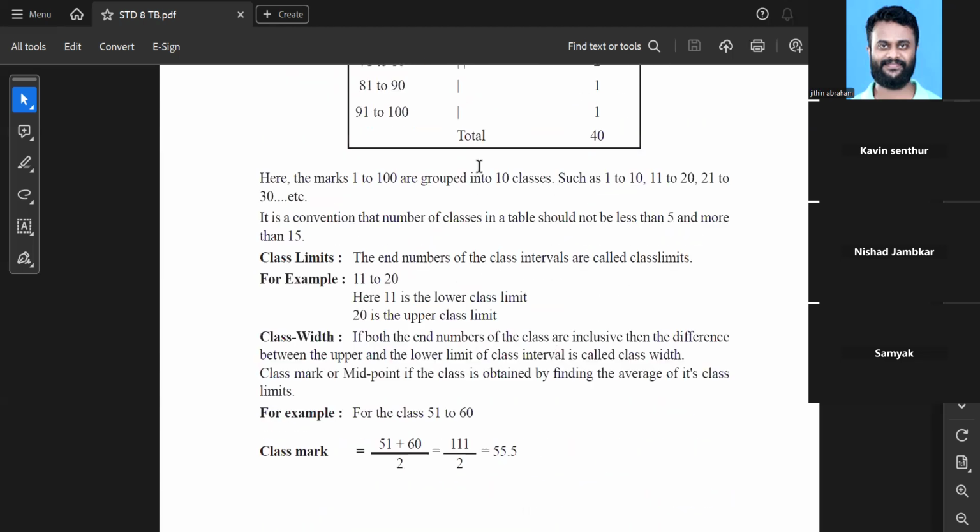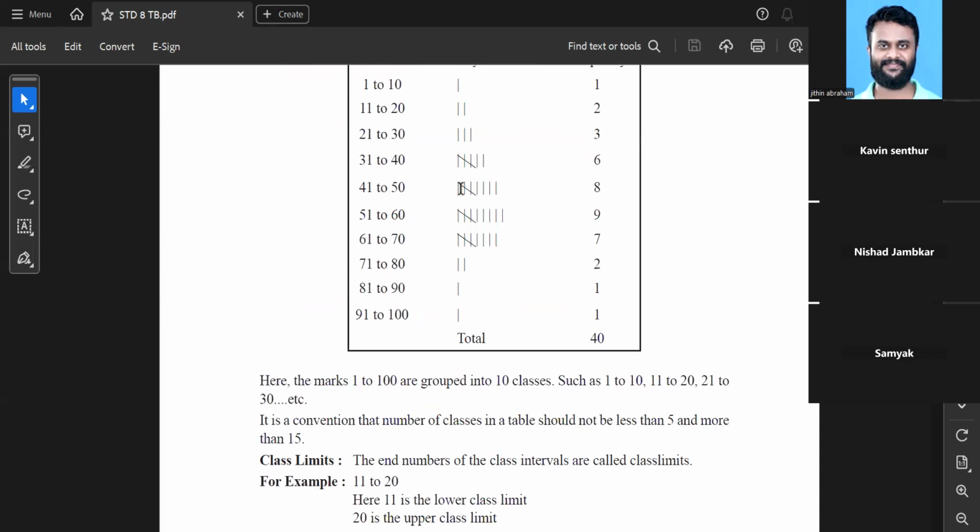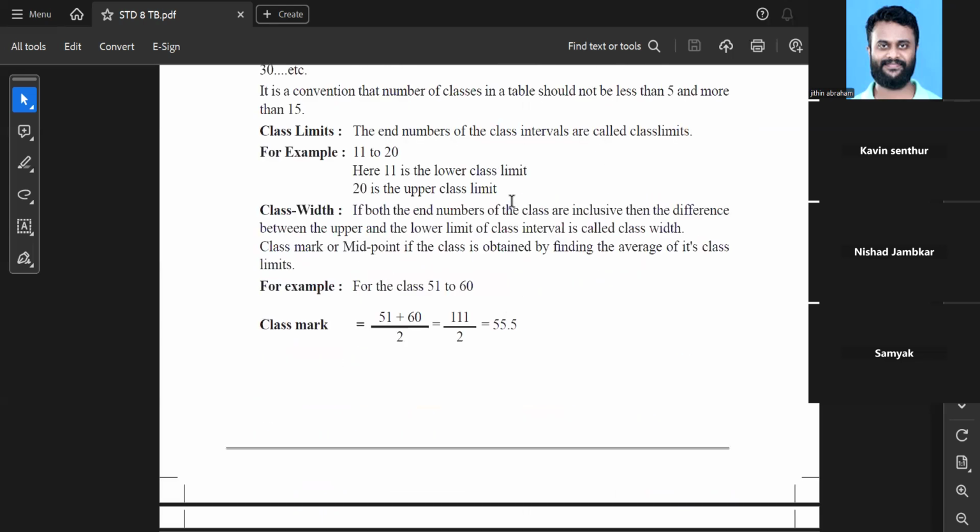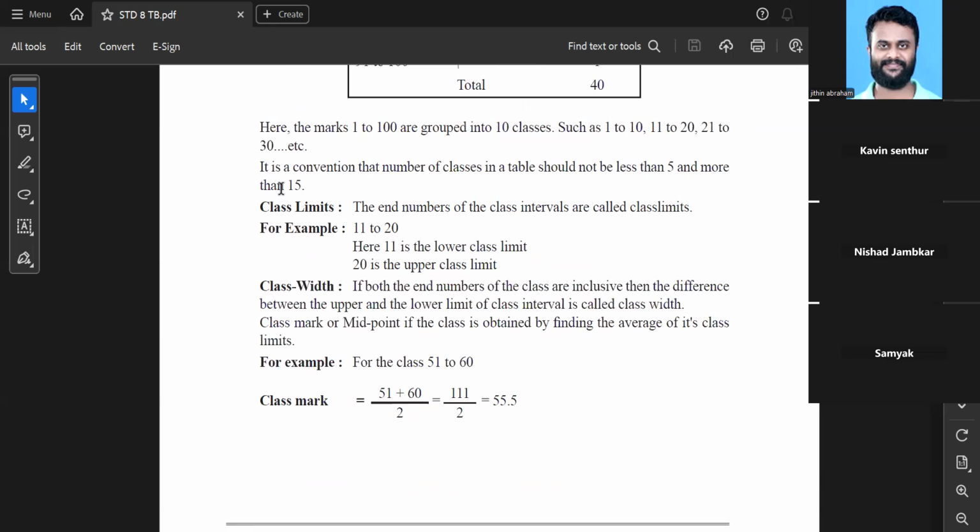How to make tally marks, I've already taught you. You have to create four vertical lines and then one slant line. This one slant line indicates that it's a group of five. Then again, you keep making vertical lines until you reach the fifth one. When you reach the fifth one, you again make a slant line which indicates it's a group of five, and so on.